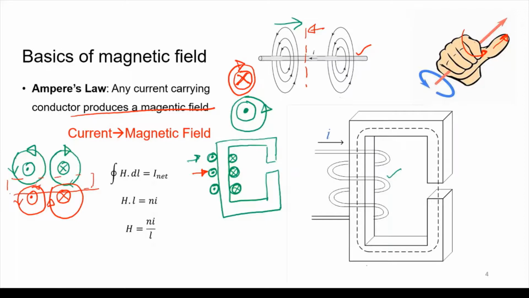Now let us focus at this part. The direction of the magnetic field shown by red is opposite to the direction of the magnetic field shown by green. Same here. So the net magnetic field in this region will be cancelled. So if we take the resultant magnetic field because of these two turns, then the magnetic field will be like this.